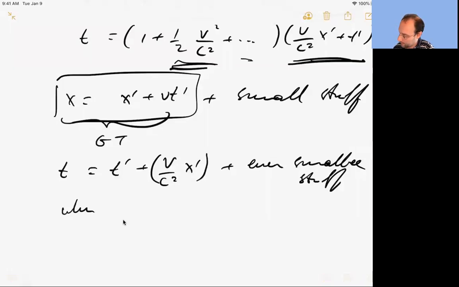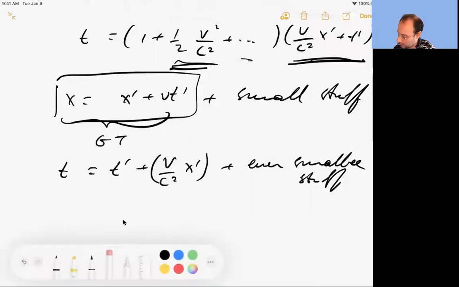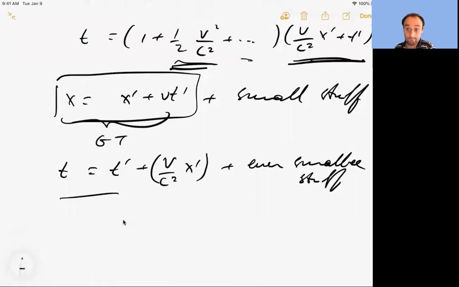So what about times? Unless the event at coordinate x, t or x prime, t prime happens so far away that we cannot neglect this term right here, we again get t equals t prime.